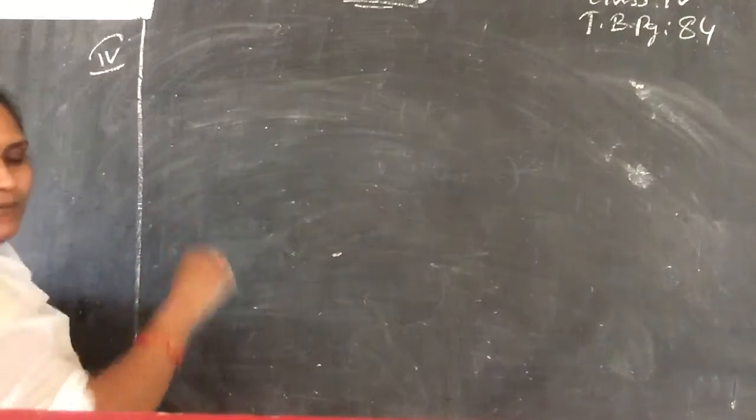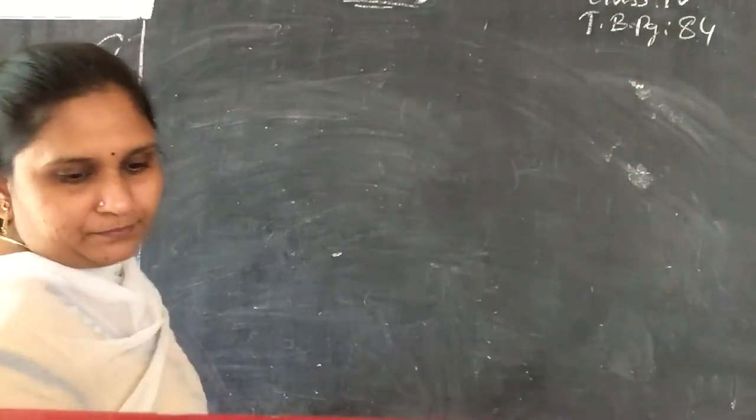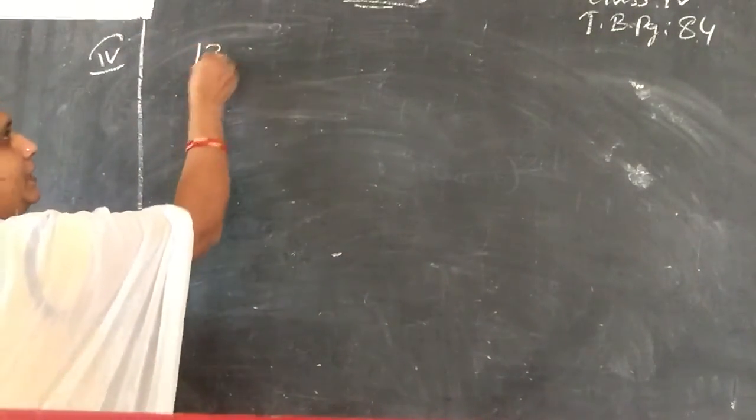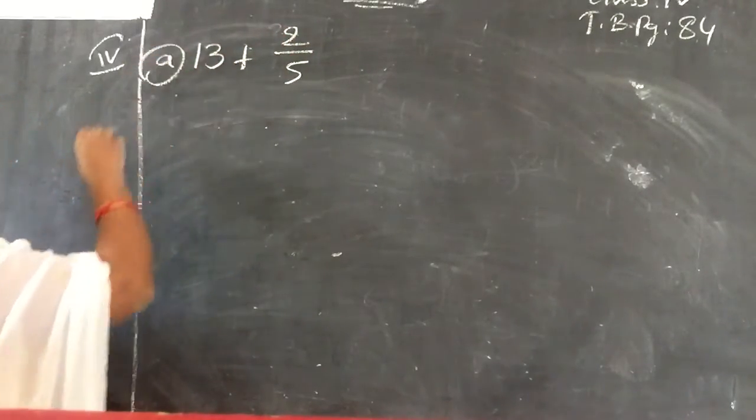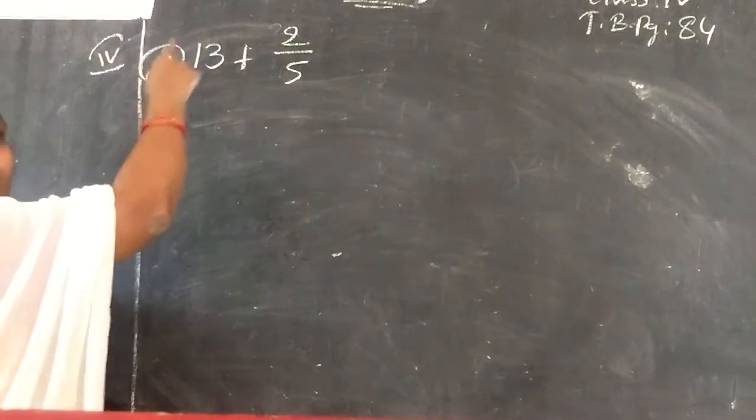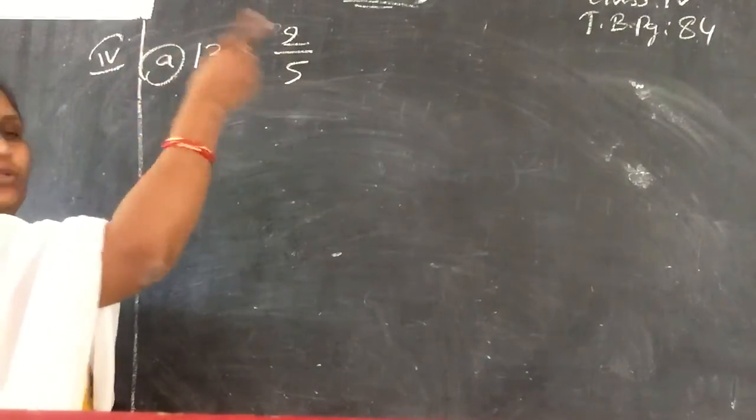13 plus 2 by 5. Okay, here one whole number and one fraction together we have to add.